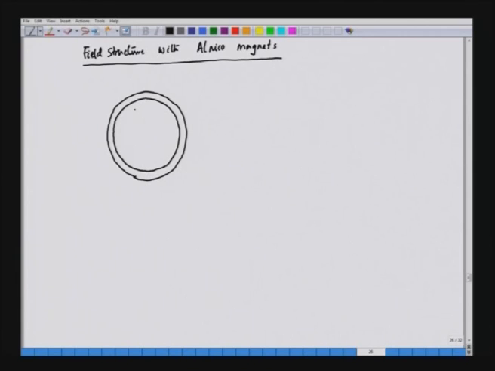And what we do here is put the magnets, and the magnets are long magnets, and we have the pole shoes like this. This is the north pole and the south pole.